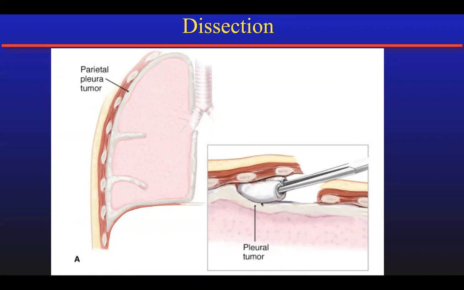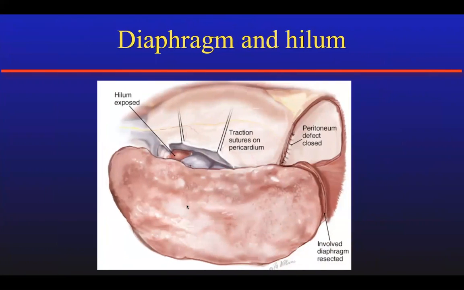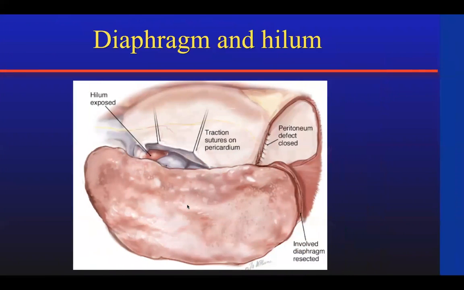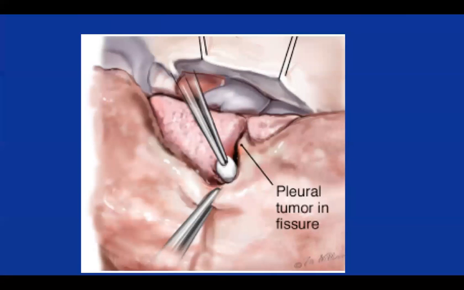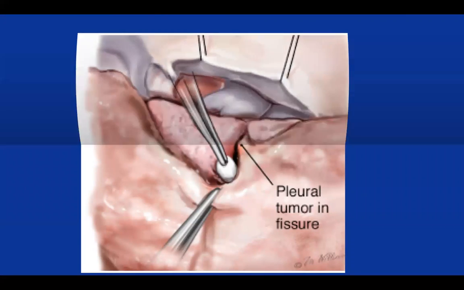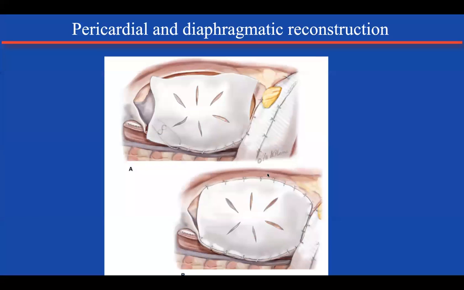This is pleurectomy. And also, since the cortex extends into the fissure, we have to remove the tumor inside the fissures, which is called decortication. Sometimes we have to resect the diaphragm and the pericardium, and then we have to reconstruct the pericardial and diaphragmatic tissue, as you see here.